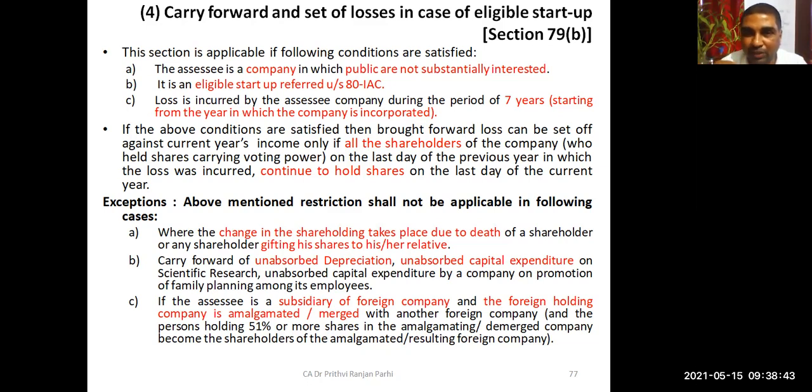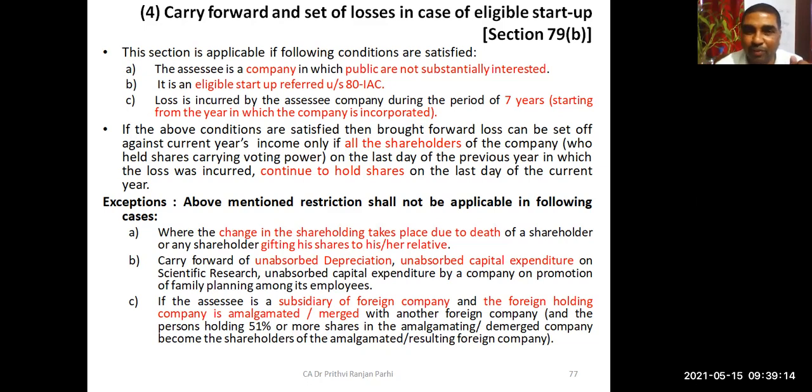This is applicable for startup companies. But here also, as I told you, shareholders must be the same, but there are exceptions. The exception is where shareholders are different due to death of a shareholder or due to gifting of shares by a shareholder to his or her relative. Okay, so these are the exceptions. This condition also need not apply to unabsorbed depreciation and unabsorbed capital expenditure on scientific research.